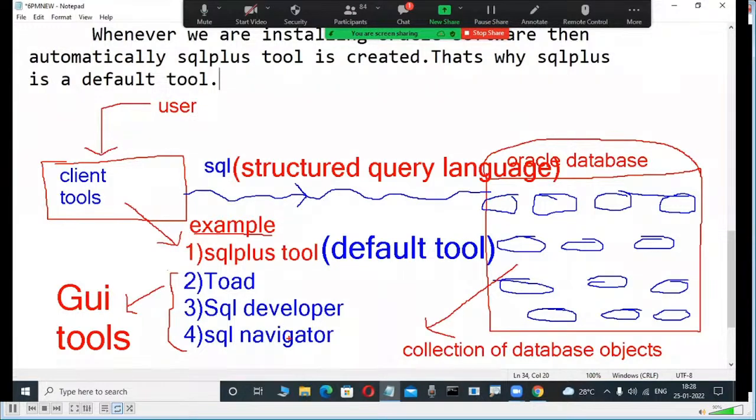Complete this one, draw it quickly. Otherwise, take a snap through your mobile.